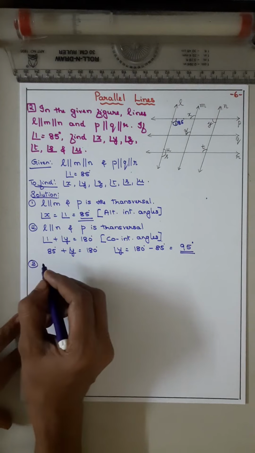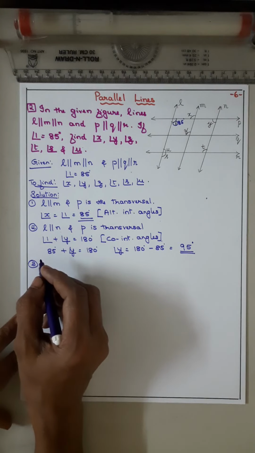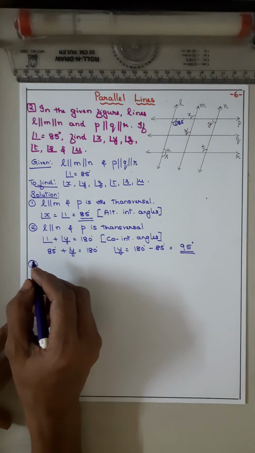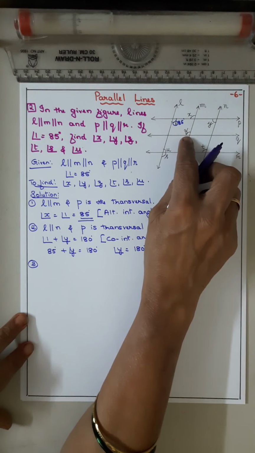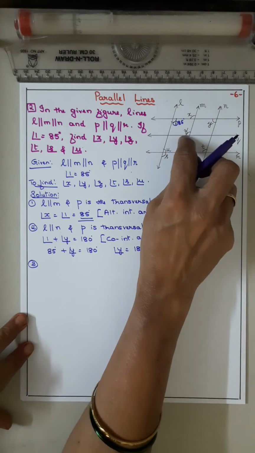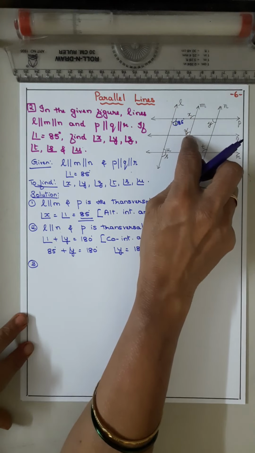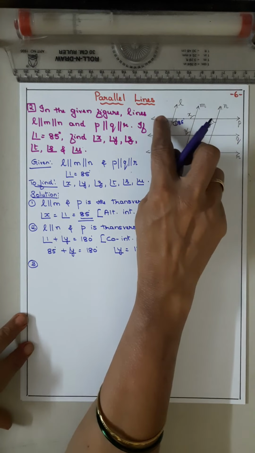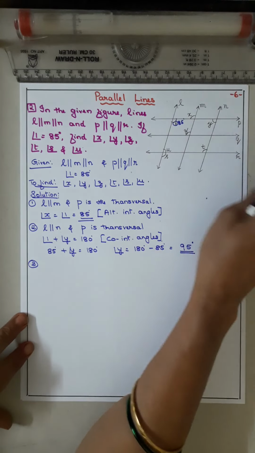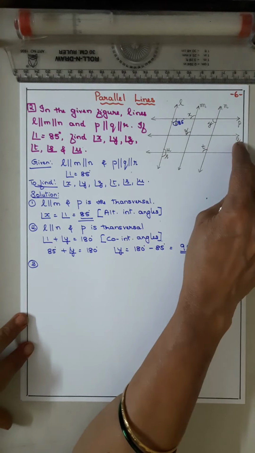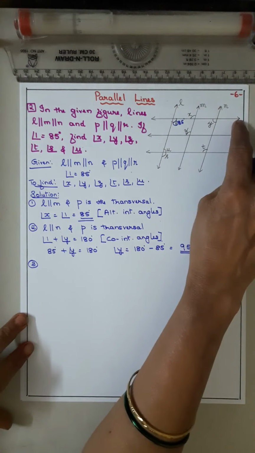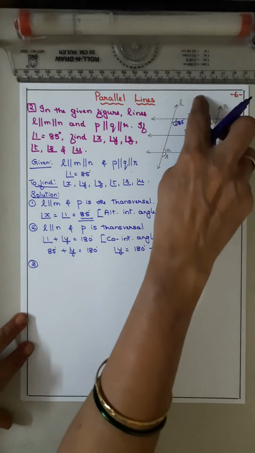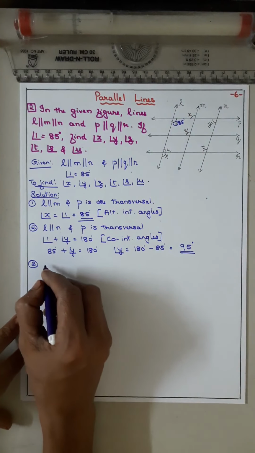Now, third, you go for Z. To see Z, which angle and which lines do we have to take? X and Z. So we will take P is parallel to Q and M is the transversal.